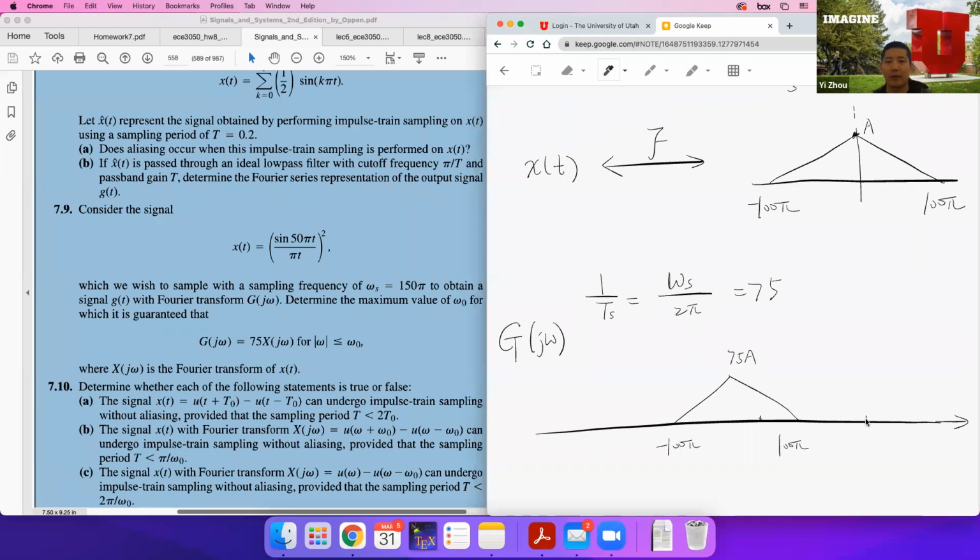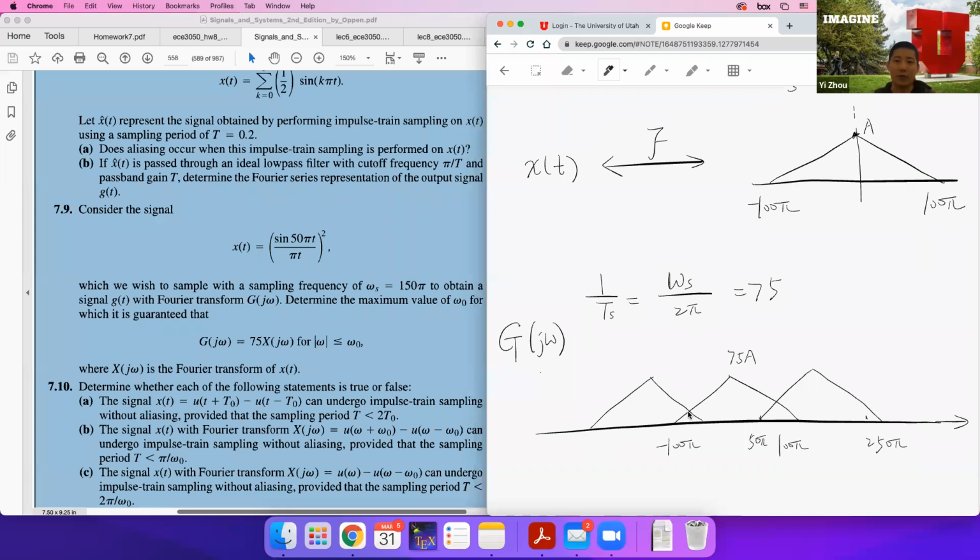And this is 250 pi. No, 150, not 250. And you have another one here. Okay, so this is capital G.